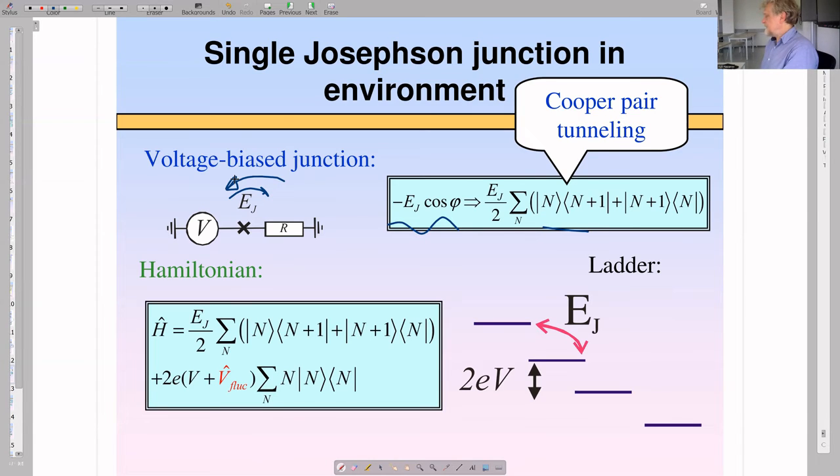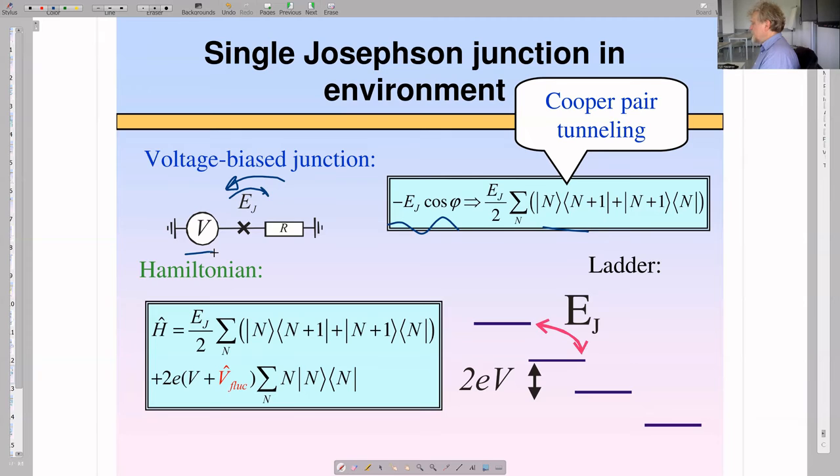Fine. Let me see what Hamiltonian we can arrange. First of all, the voltage source. It is important now. If I transfer a Cooper pair through the junction, there is energy supplied by the voltage source.